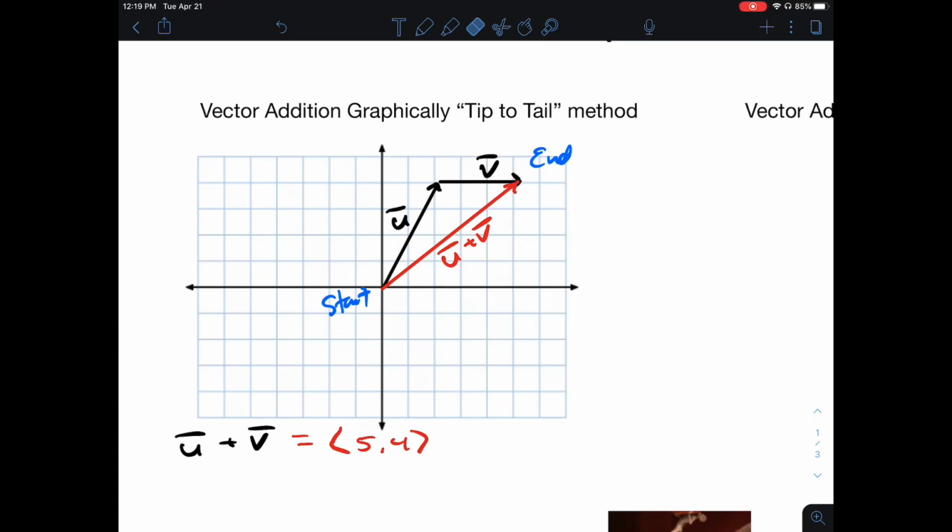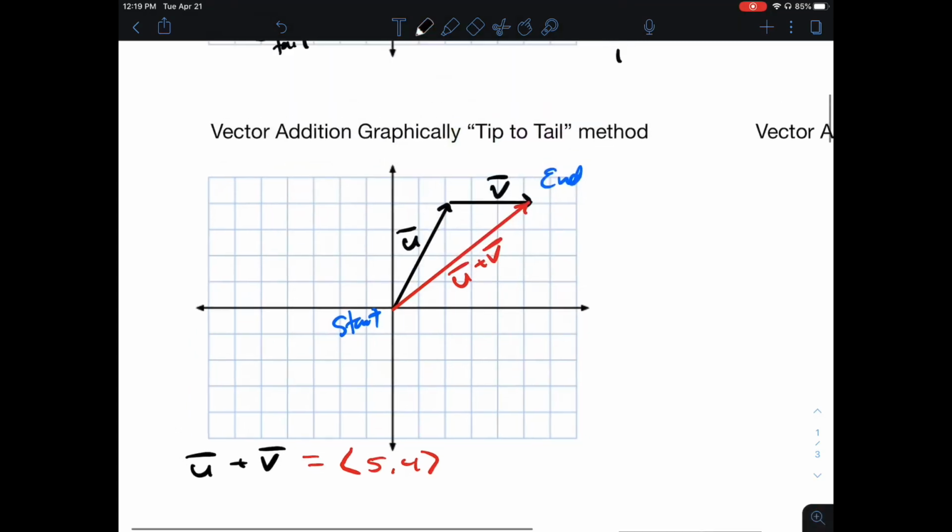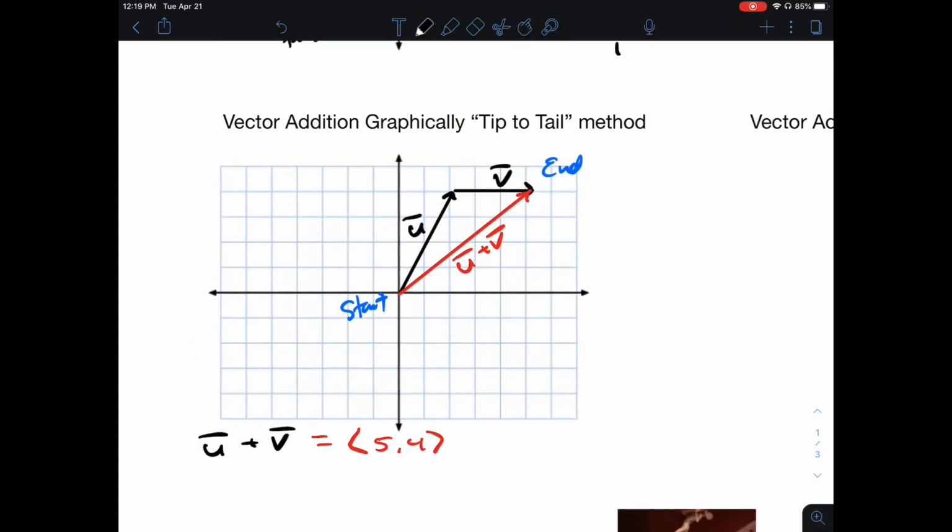Let's say that we put another vector in here. Let's say that we have a vector that does something like this. We'll call this vector W. Let's say that we wanted to add vector U plus V plus W. Well, I've got so much in this picture.